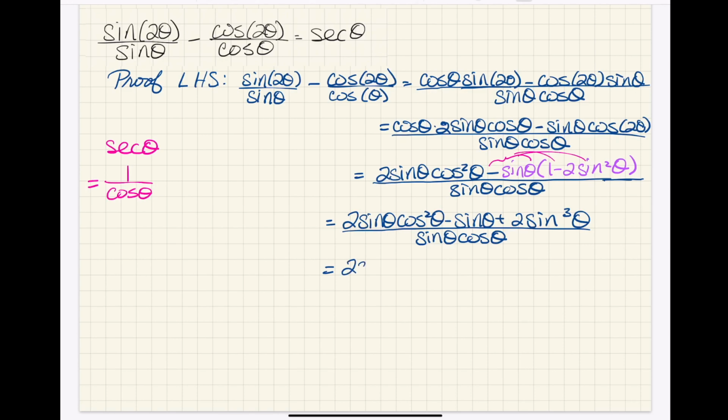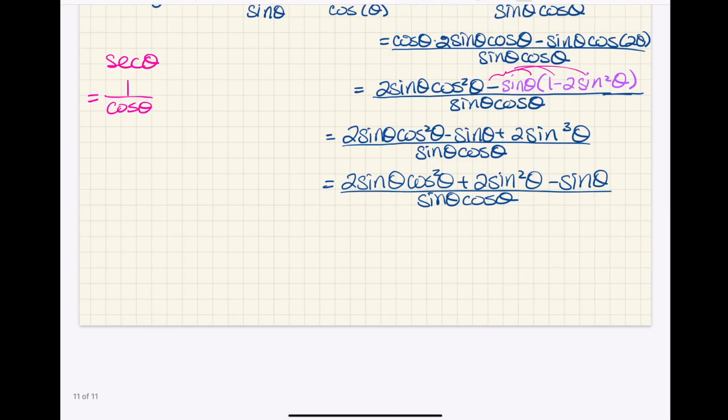You might try something different and still get to the end of our proof of 1 over cosine theta, which is equal to secant of theta. I'm going to see it this way. Now I'm just reordering my work around.